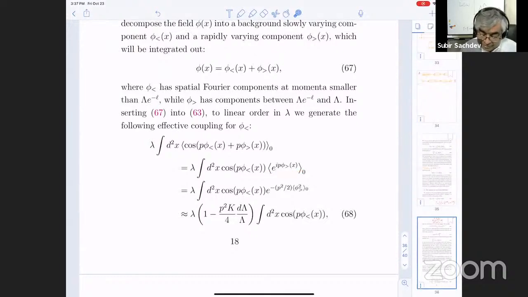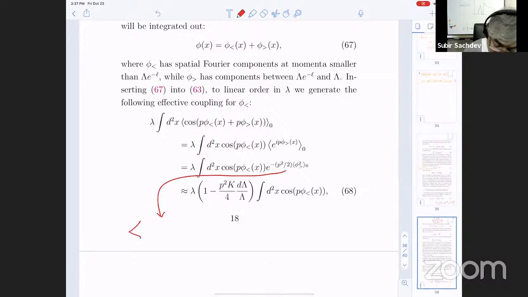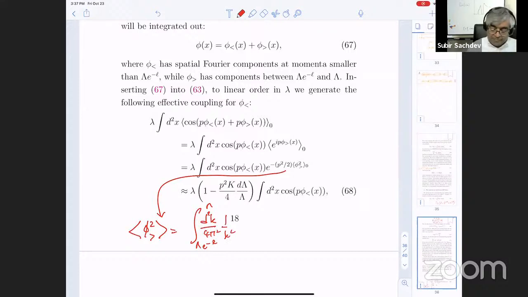And this we've shown what it is, e to the minus phi squared over 2. There is one more step that's not here: the expectation value of phi greater squared is just the integral from lambda e to the minus L to lambda of dk d2k over 4 pi squared times 1 over k squared.